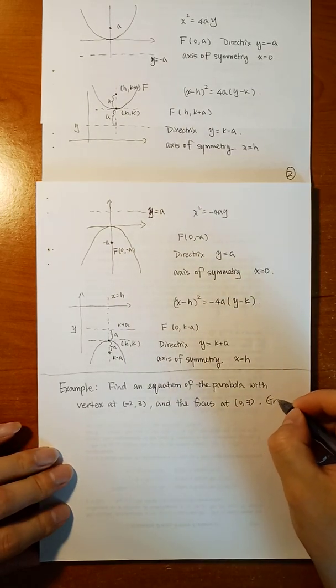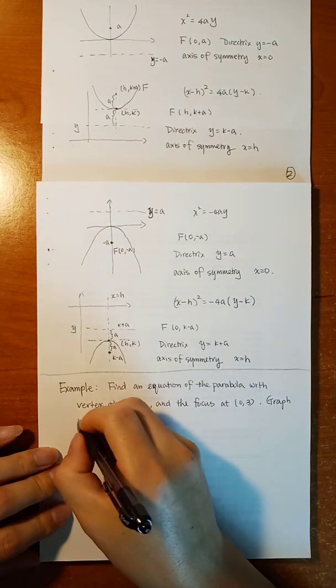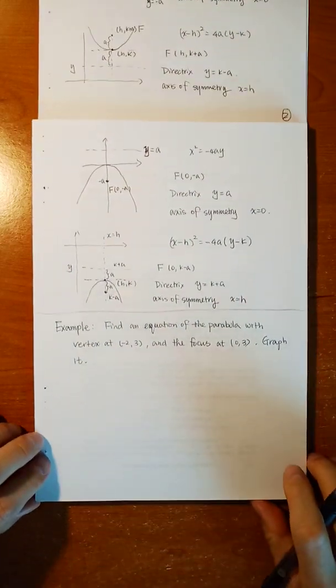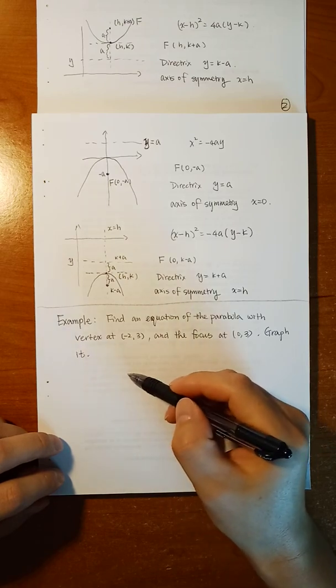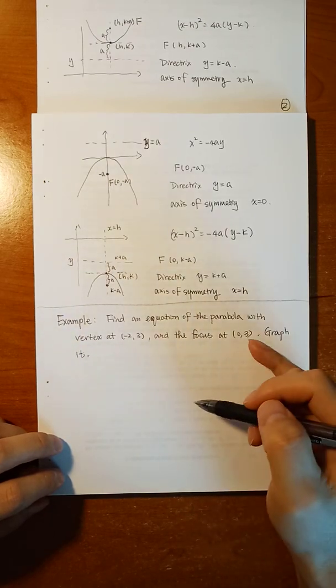Graph it. Okay, let's check. Negative 2, 3, 0, 3.